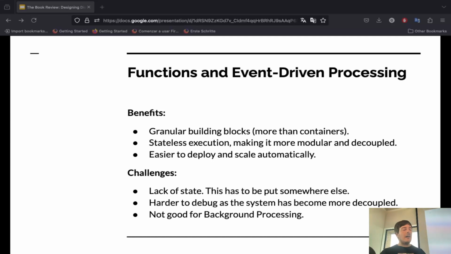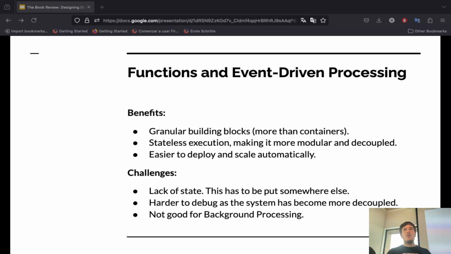Then, obviously, as with any event-driven pipeline, it's harder to debug, right? Because now we cannot jump into one container and read the logs or attach a debugger to different things. No, this works by being executed based on an event, and as soon as that event is processed, the function exits and we are done.